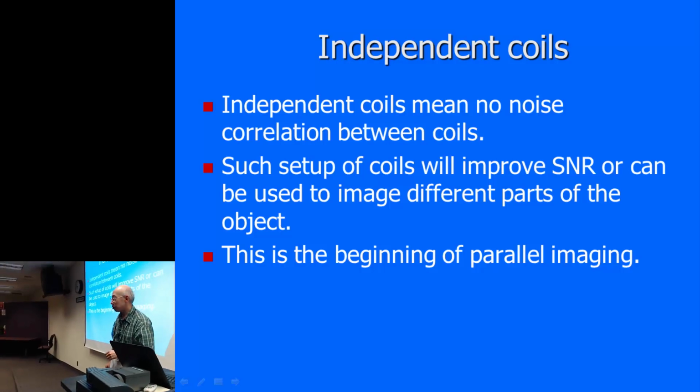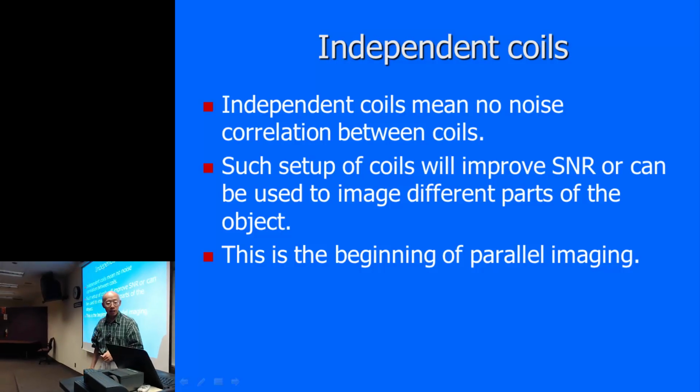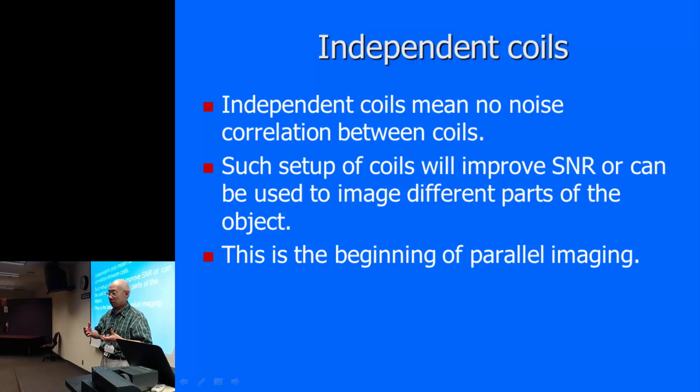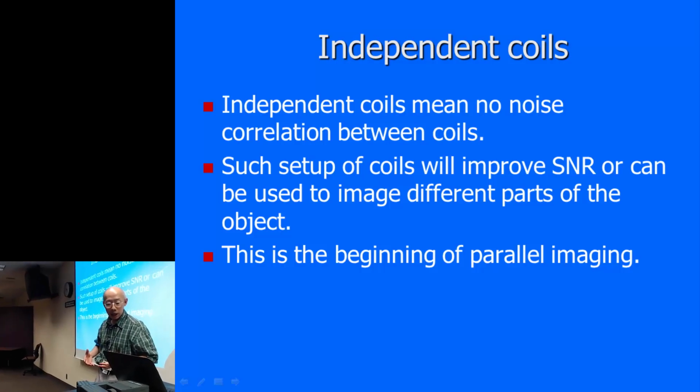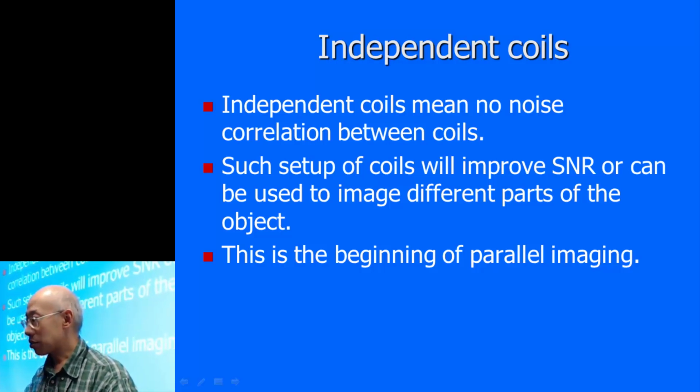So then what can you do? Then you really have to figure out, well, maybe have some flexible coils wrap around the trunk. Well, that's one possibility. Or actually, they just line up coils.